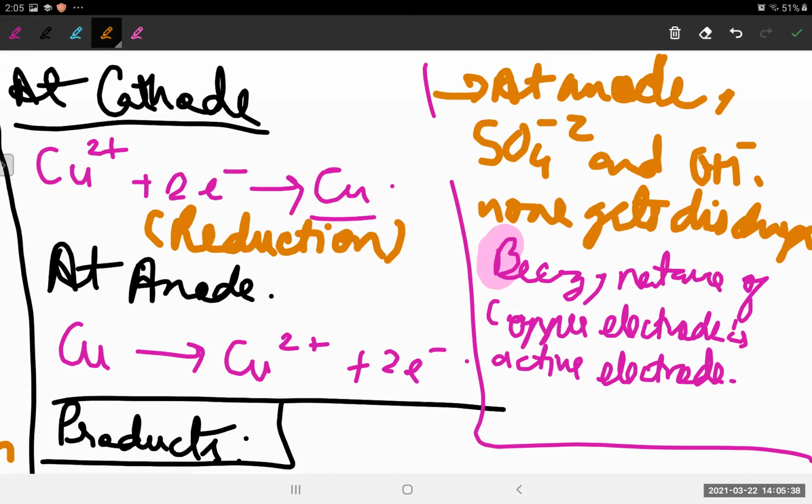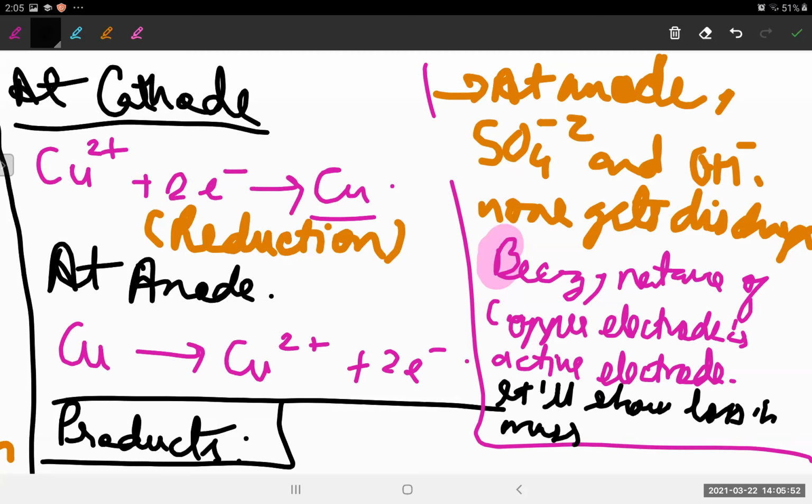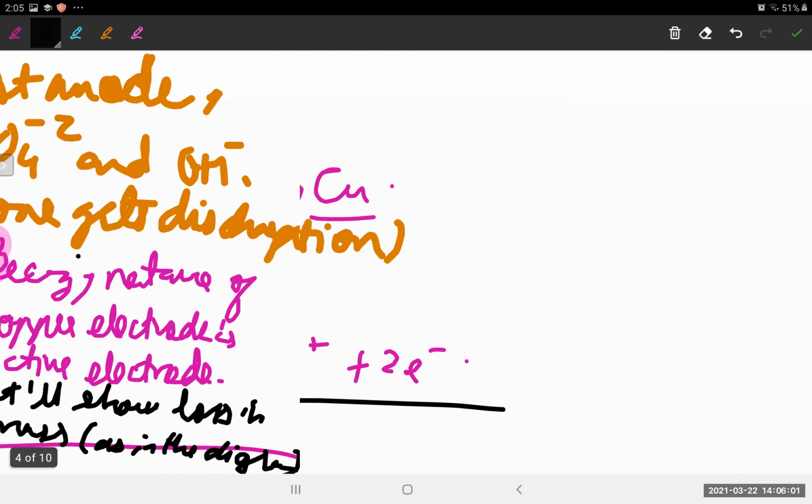Because of this hard work it is doing, it will show loss in mass, as in the diagram. You'll do these things in the examination.